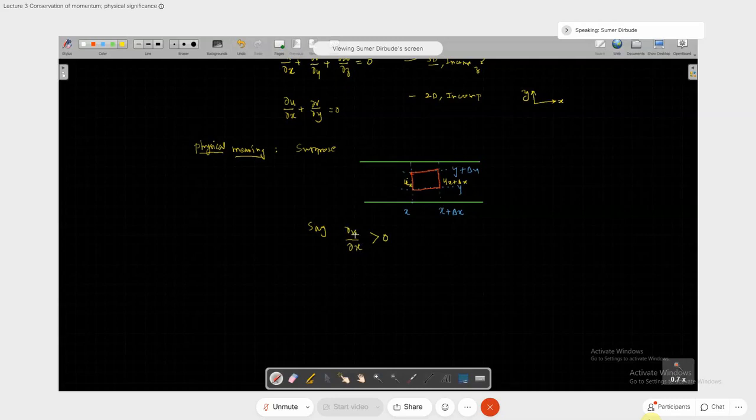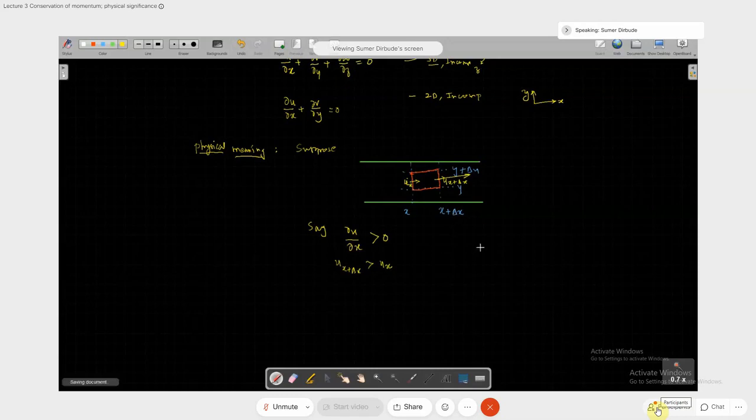So it means that u at x plus Δx is greater than u at x. So a small amount is coming in, and a large amount is going out.